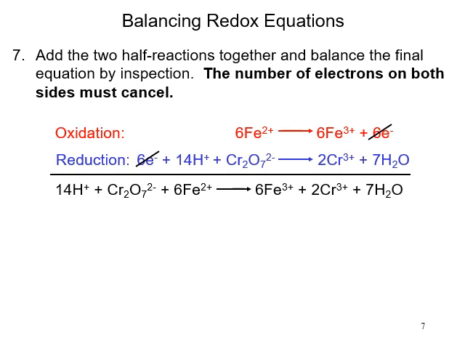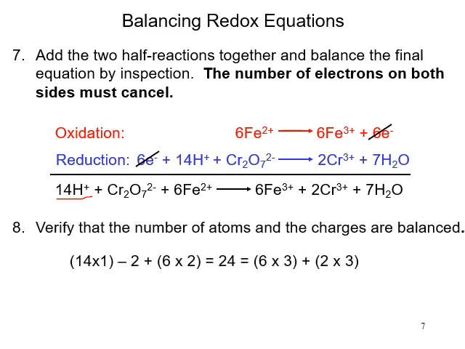Since we're in an acidic environment, we are finished. We just have to make sure that our charge balances, and that's what's happening right here. If you look, both sides have a charge of 24. So this is kind of a little bit more advanced balancing because you have to take into account the charge as well as the number and type of atoms.